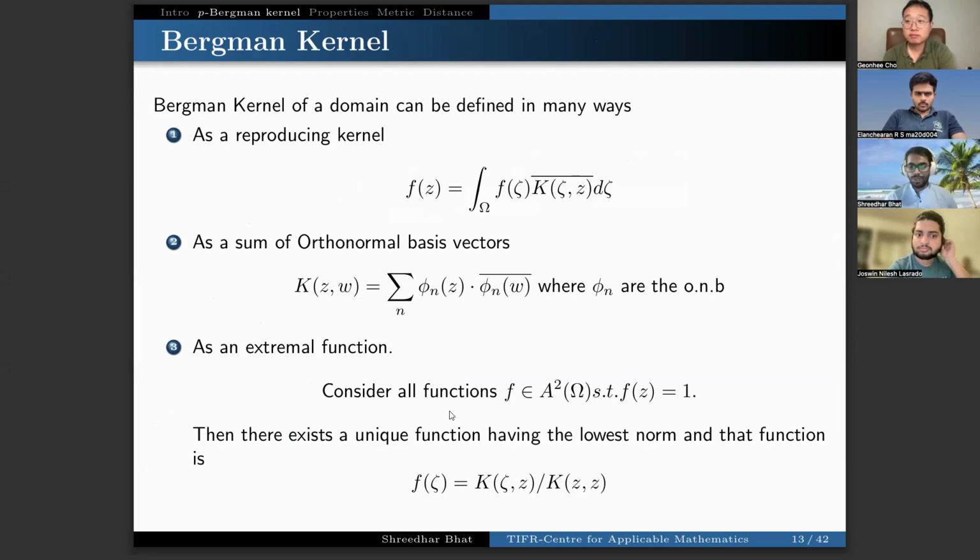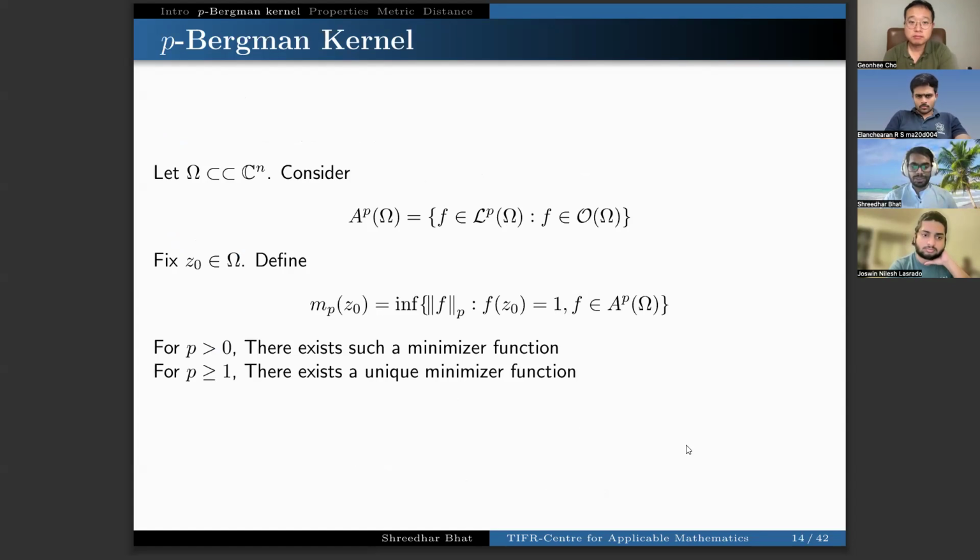So what you do here is you can just replace this A2 with AP functions such that f of z equals 1 there, and try to get existence and uniqueness results like that. That is what Boyong Chen and others did in their paper in 2021.